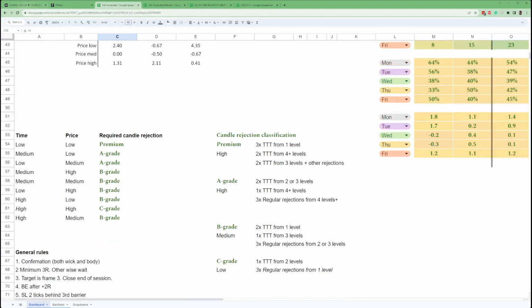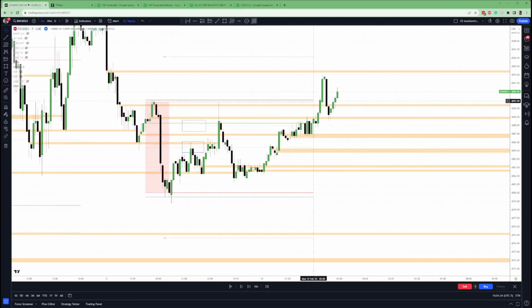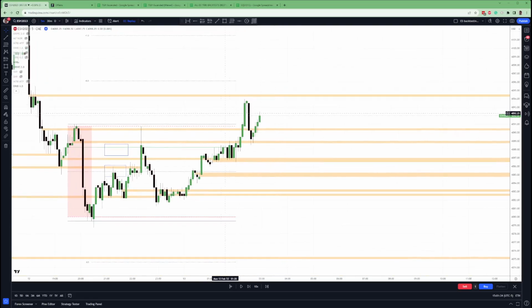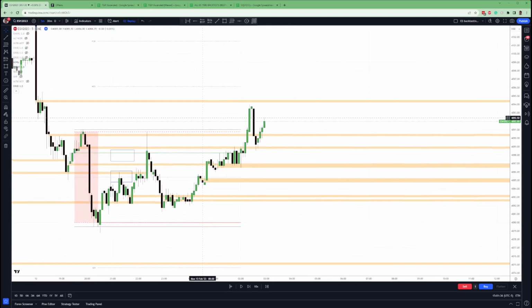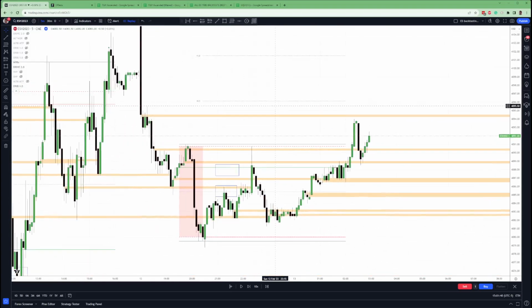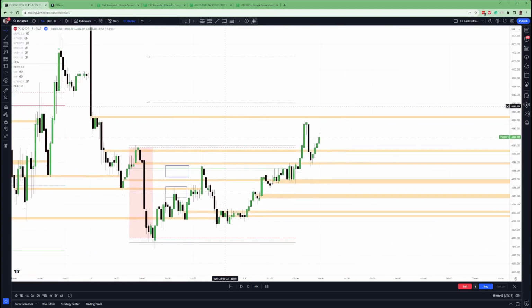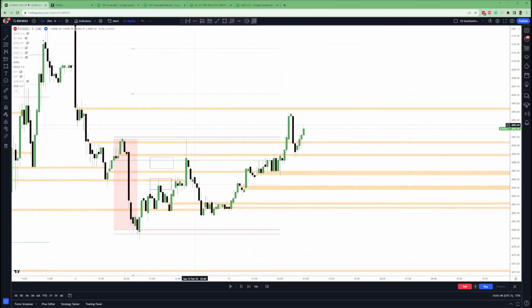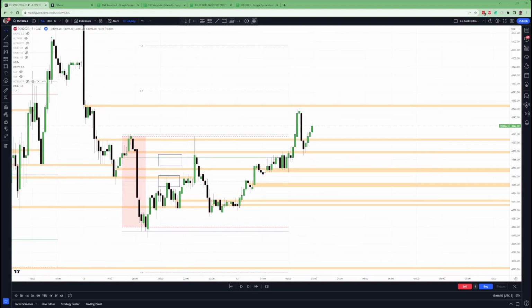But the thing that we still haven't discussed yet is, for example, the stop loss placement, and that of course remains something that is somewhat discretionary, because it also depends on your approach to risk. But one very useful thing, which I used for this backtest, is the 3 barrier setup, or the 3 barrier stop loss.